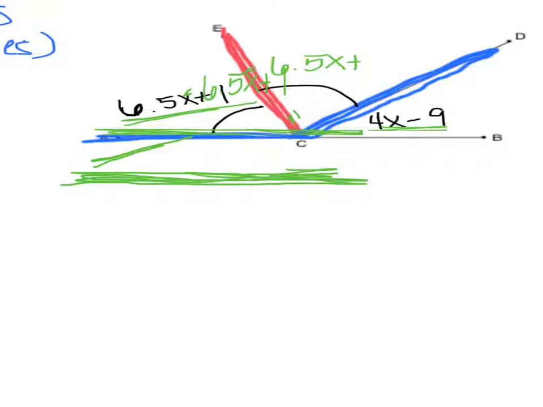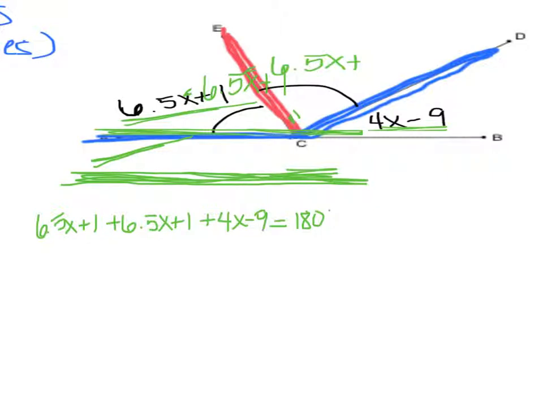So now I have all of the angles that add up to this straight line, so I'm just going to add them all together. 6.5x plus 1 plus 6.5x plus 1 plus 4x minus 9. And what should this equal? It should equal 180 degrees because it's a straight line.